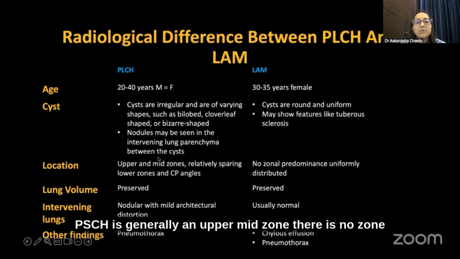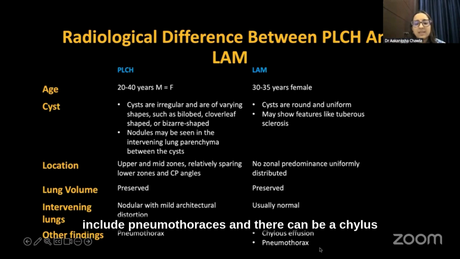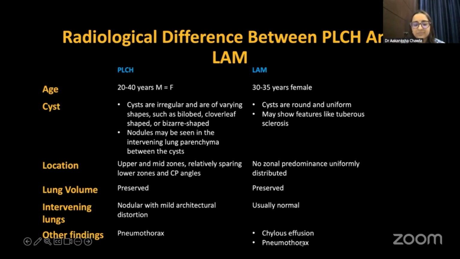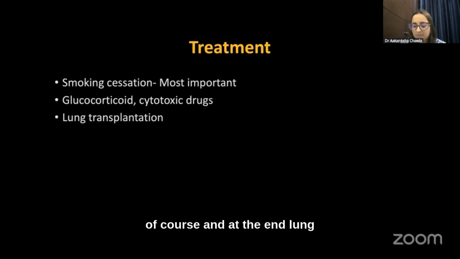PLCH is generally upper and mid zone, whereas LAM has no zone predominance. Other findings include pneumothorax, and there can be a chylous effusion along with a pneumothorax in LAM patients. Treatment of PLCH is basically with smoking cessation, glucocorticoids, cytotoxic drugs, and of course, at the end, lung transplantation.